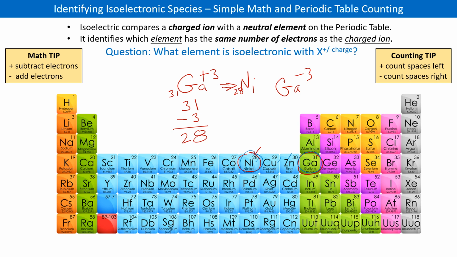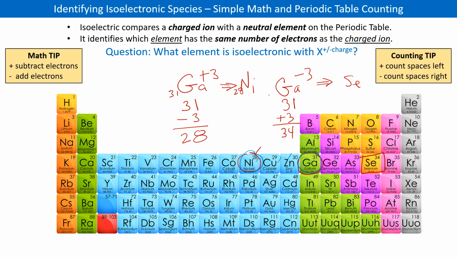By the math, I first go find gallium, and it's 31. Math says it's a negative charge, so negative means add, so that's plus 3 electrons. And that means I would have 34. Then I would go to the periodic table, find 34, and it's selenium.